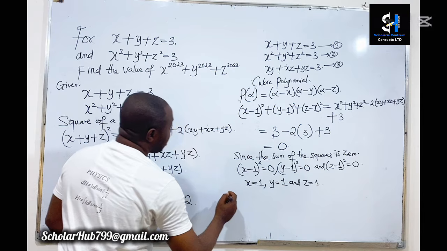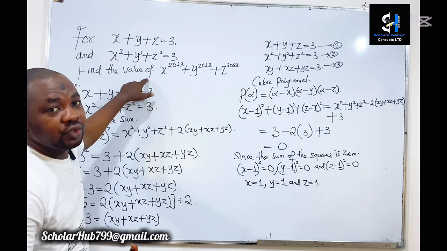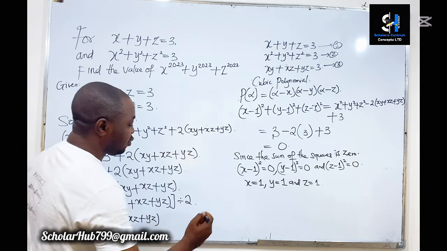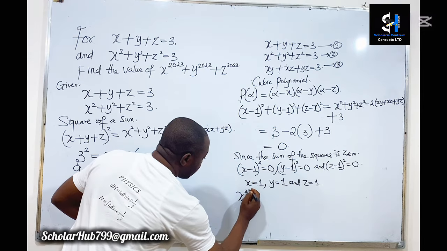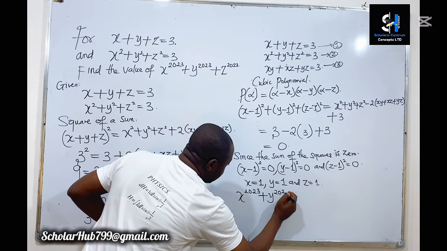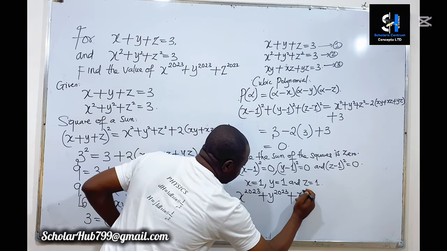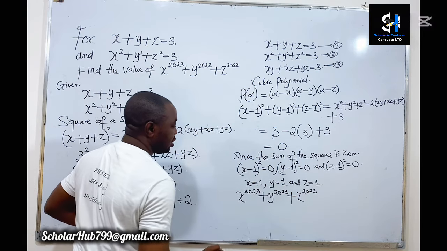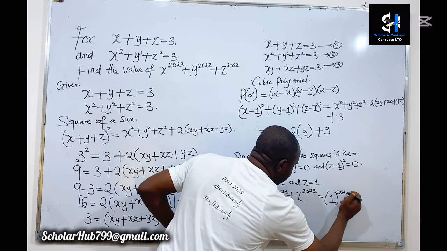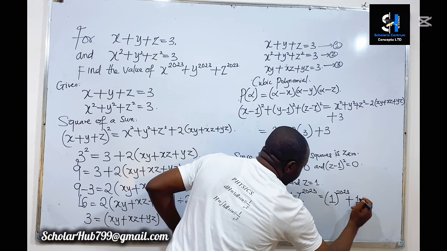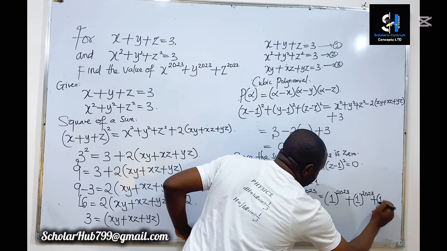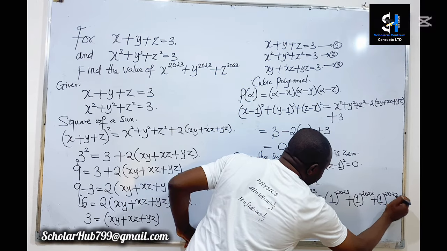So to obtain the value of x raised to the power of 2023 plus y raised to the power of 2023 plus z raised to the power of 2023, we are going to have 1 raised to the power of 2023 plus 1 raised to the power of 2023 plus 1 raised to the power of 2023.